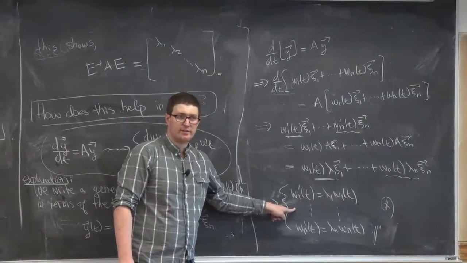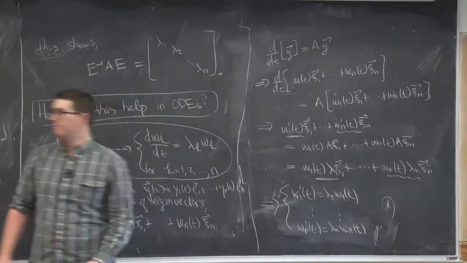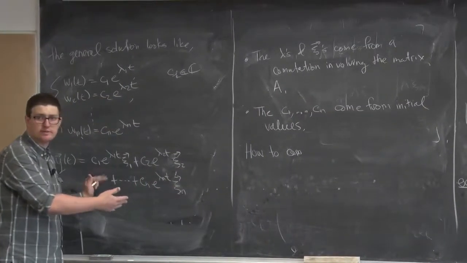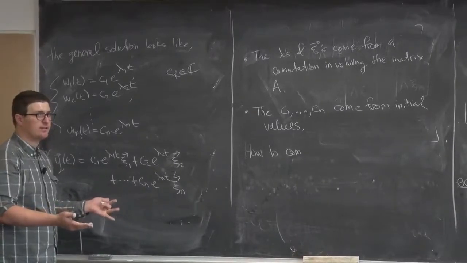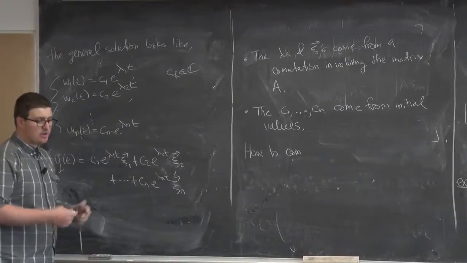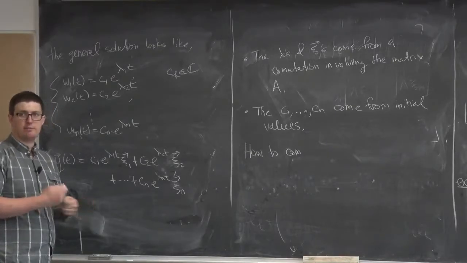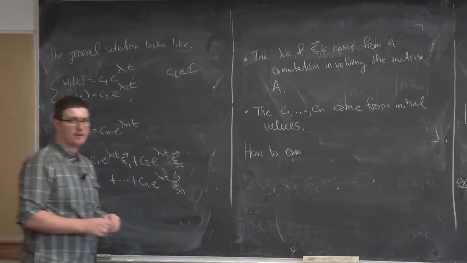These are really easy to solve. They're just exponentials. Then we can write down the general solution like so. So this allows us to solve any differential equation like this. All that remains is to show you how to compute eigenvalues and eigenvectors, and then we're in business for computing solutions.